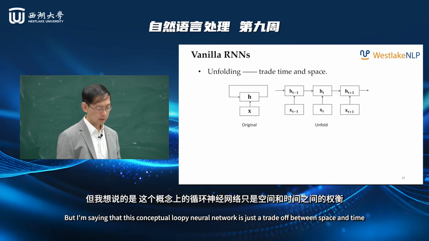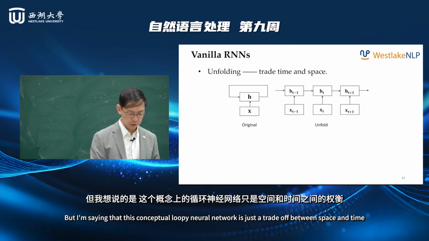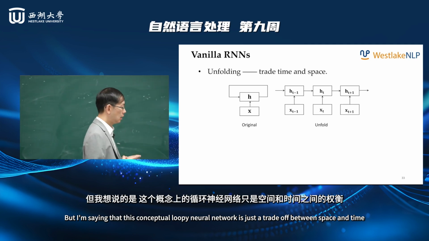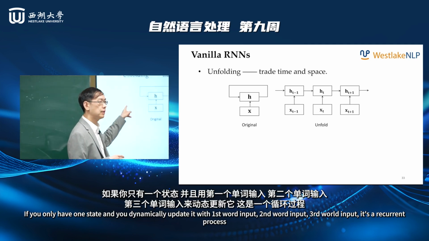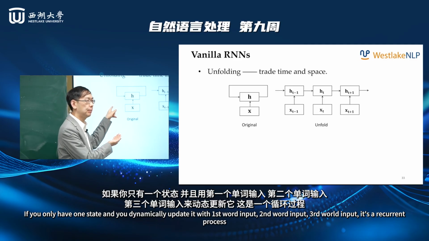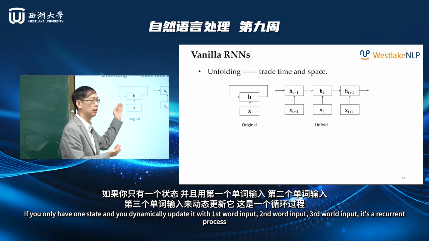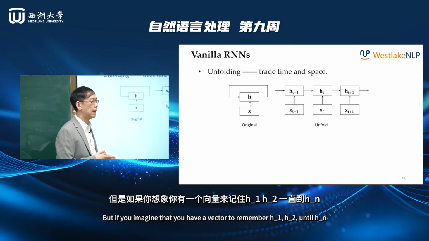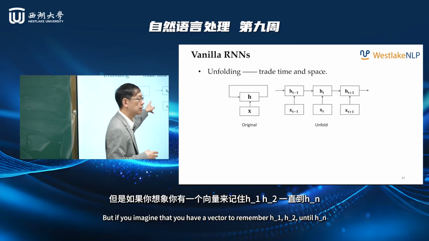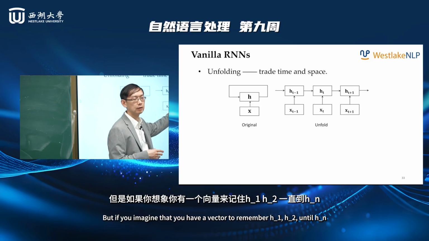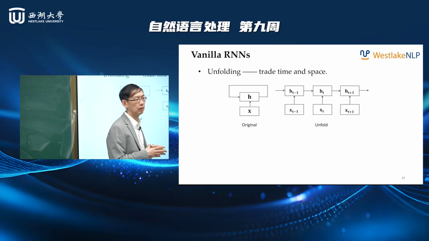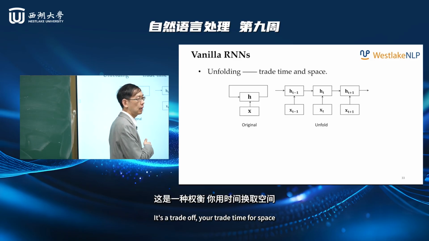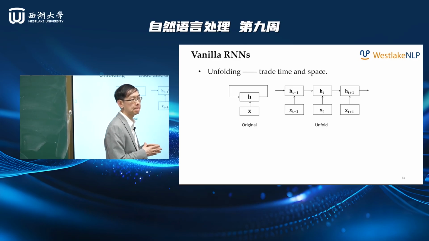But I'm saying that this conceptual loopy neural network is just a trade-off between space and time. If you only have one state, and you dynamically update it with one word input, second word input, third word input, it's a recurrent process. But if you imagine you have a vector to remember h1, h2 until hn, it's a trade-off. You trade time for space, okay?